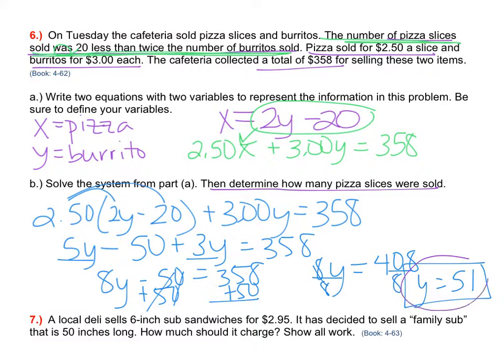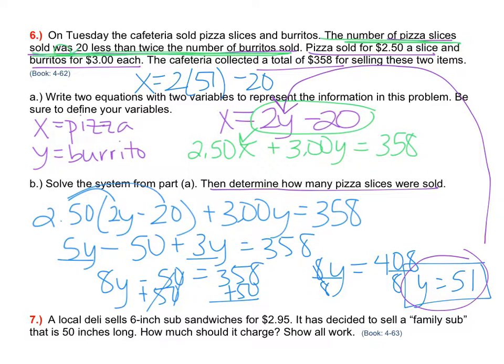So if we know y is 51, we can place that back into the top equation for y. So we can say, all right, instead of x equals 2y minus 20, we're going to do x equals 2 times 51 minus 20. So 2 times 51 is 102 minus 20, which will give us 82.